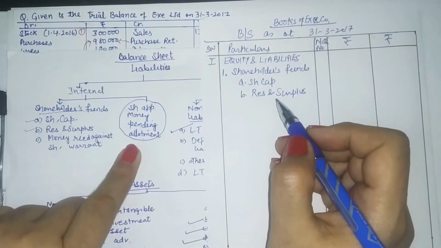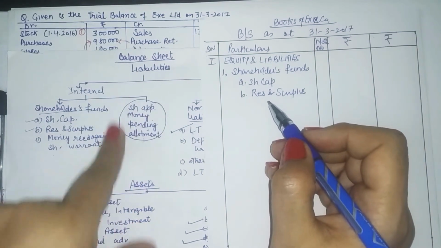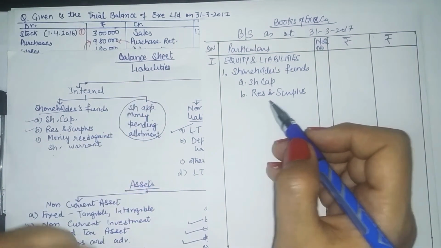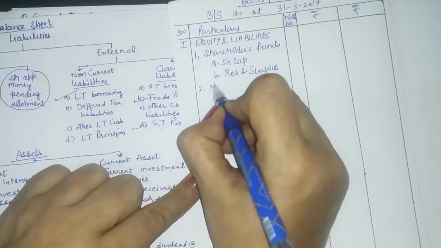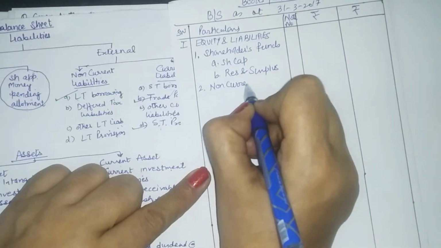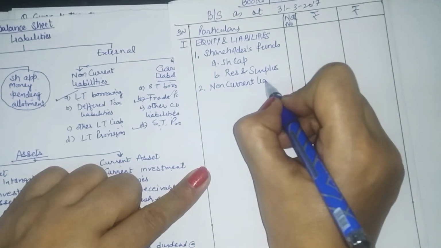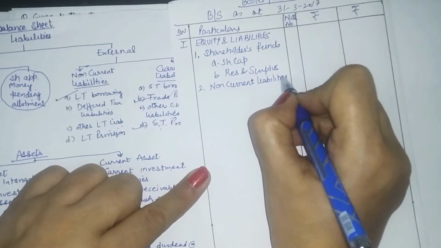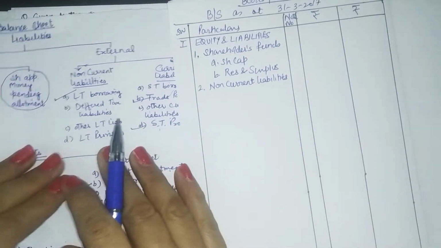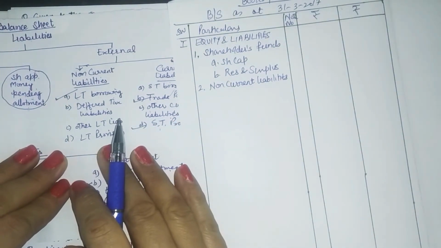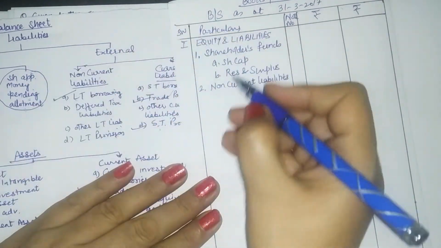Now the second category: when we read the question, we found this transaction is not there, so we will leave this. The next category is non-current liabilities. Initially we need to keep the categories and subcategories handy with us. Once we solve a few questions, these will be learned and then you can easily record them.